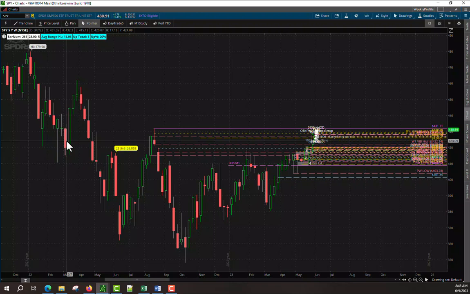So the point we have to look at is the open of the candle, 31.55. That's the open, for 31.55, right?